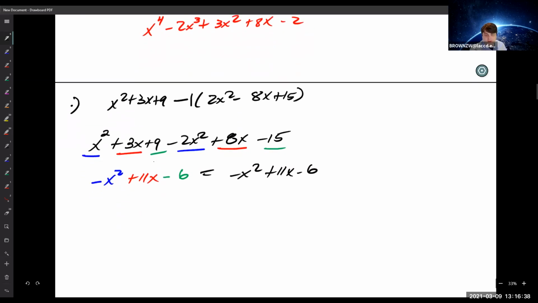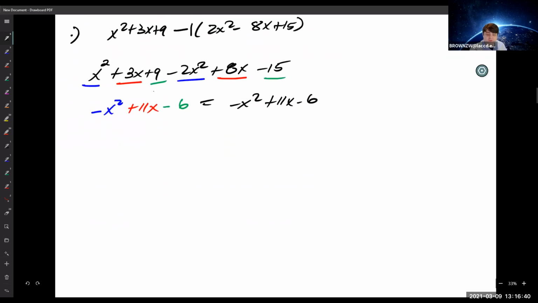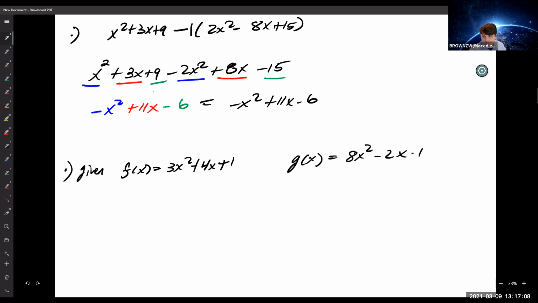All right. So going back to doing some function notation stuff, let's say we're given f of x. f of x is the polynomial 3x squared plus 4x plus 1. And g of x is the polynomial 8x squared minus 2x minus 1.